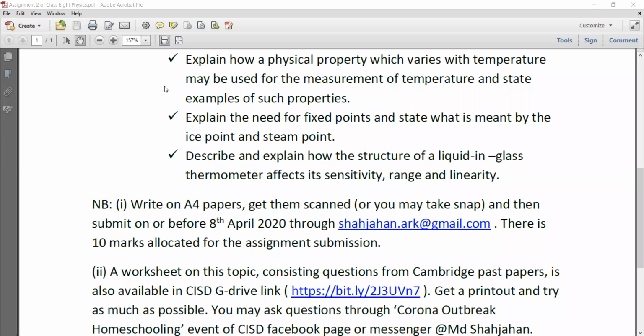Here we have 4 thermometers: P, Q, R, S. For P, the lower limit is 0 degrees and the upper limit is 25, so the range is 25.